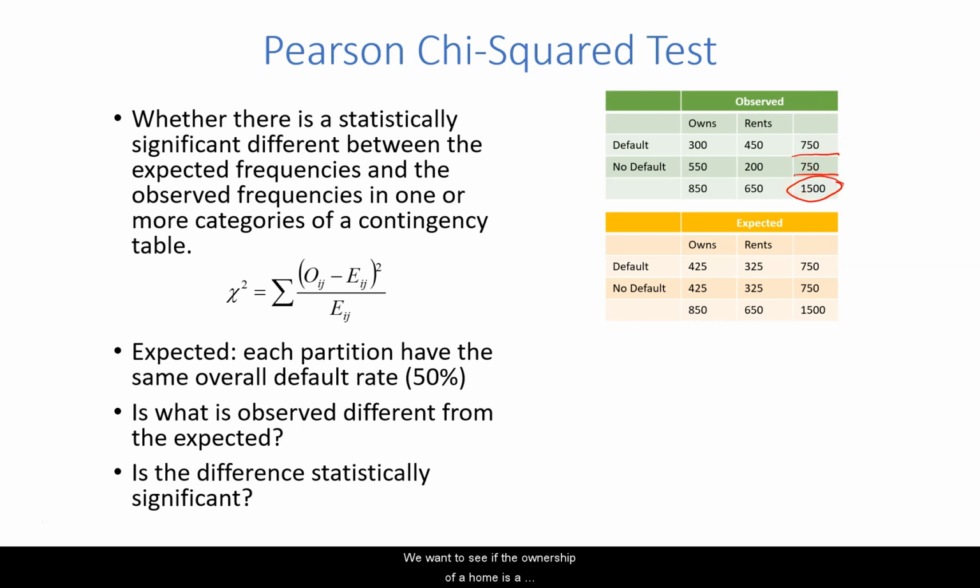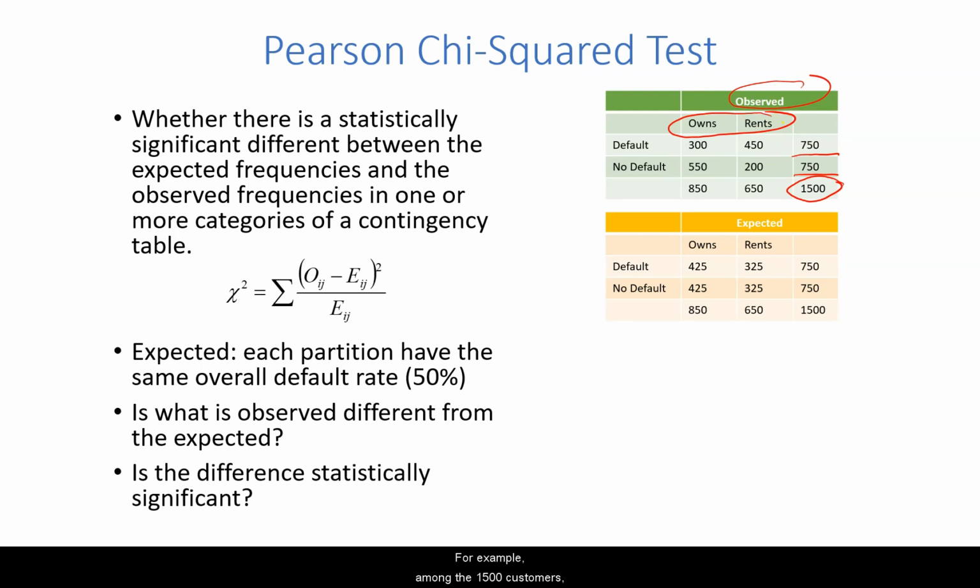We want to see if the ownership of a home is a good predictor for predicting whether a customer is going to default on a loan or not. In other words, we want to see if splitting the cases based on home ownership would create pure subsets. The data are summarized using the contingency table labeled observed.